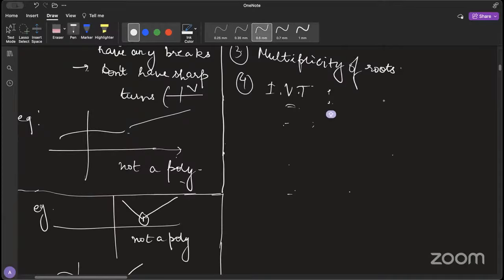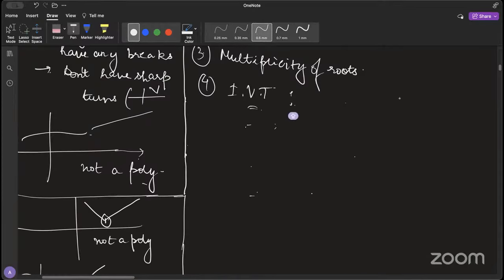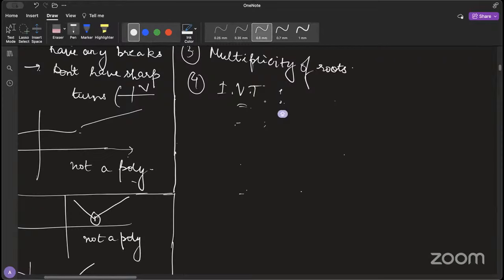The thing that I'm going to write is a consequence of the intermediate value theorem. It's not the intermediate value theorem. So the intermediate value theorem implies this thing. And you don't need to learn the intermediate value theorem. We'll do that too. So first, the intermediate value theorem says this.